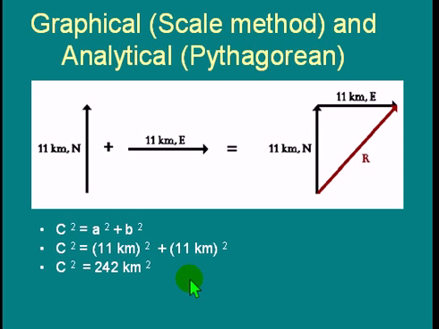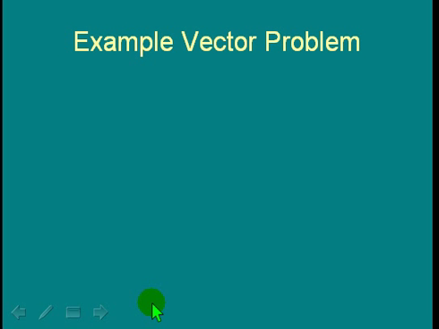If you square 11, which is 121, and add that result to 11 squared, which is also 121, you're going to end up with 242 kilometers squared. And if you take the square root of that result, you'll end up with 15.6 kilometers.